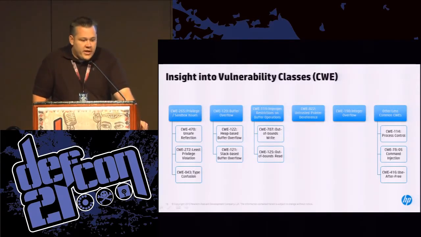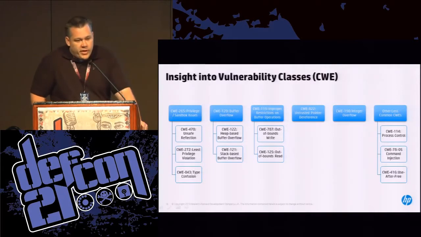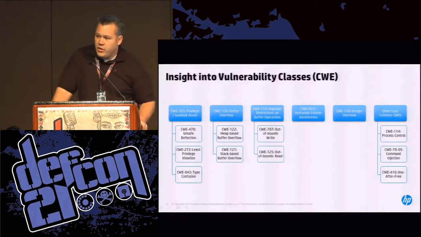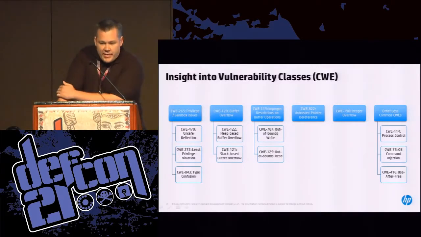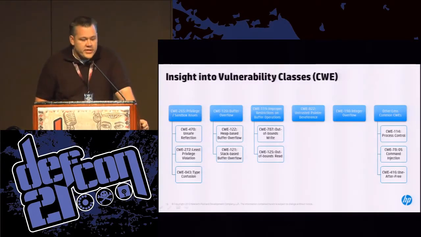So we broke them out into unsafe reflection, which is the abuse of the reflection APIs to gain access to restricted components and bypass the sandbox. Another subcategory was least privilege violations, which is the abuse of Java's doPrivileged blocks to execute code at a higher privilege. And then type confusion, which are vulnerabilities that confuse Java's type system, either through the use of deserialized untrusted data or other techniques.